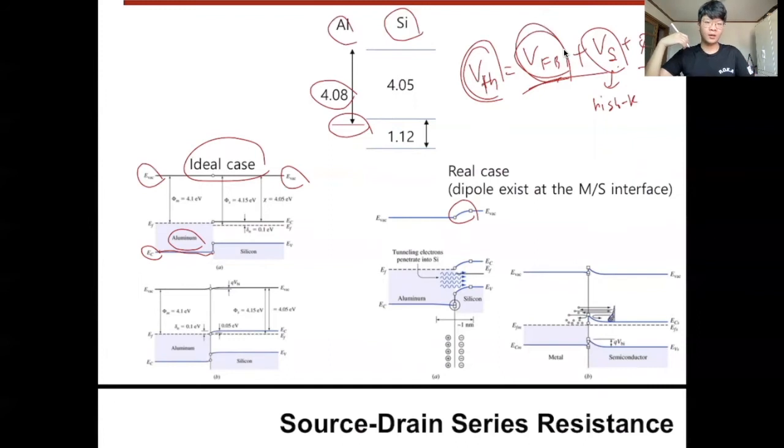So we try to engineer the work functions. However, the work functions are saturated at the mid-gap of the silicon. We call this Fermi level pinning. So for the real case, a difference of potentials must exist.